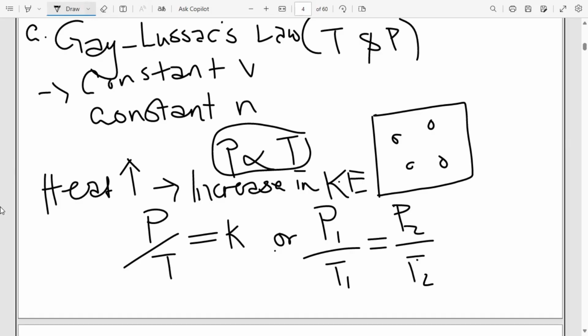So this is what Gay-Lussac's law is talking about when and only when the volume of the gas is maintained and also the number of molecules is also maintained.